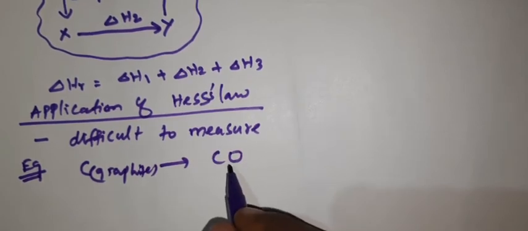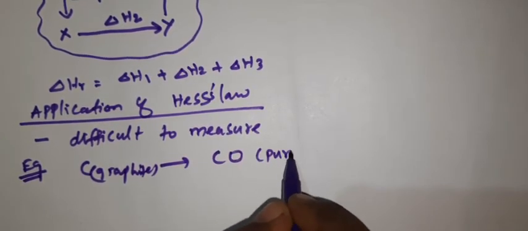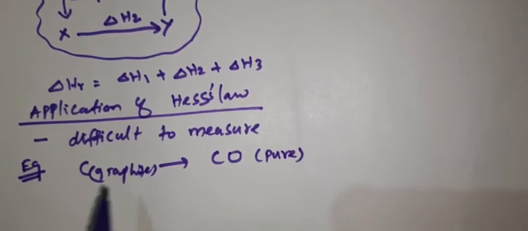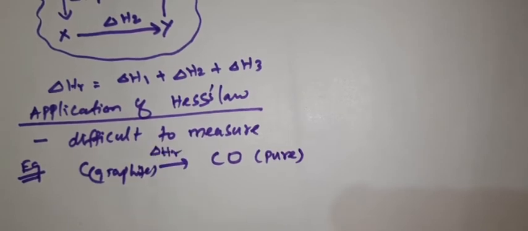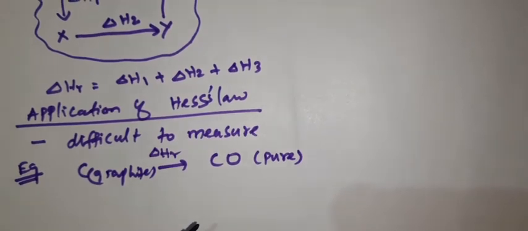Example, the measurement of heat of combustion when carbon, that is graphite, is converted into carbon monoxide. This is the pure form. When graphite is converted into carbon monoxide, it is very difficult to measure the heat of the reaction. By applying this Hess law, it is very easy to measure.